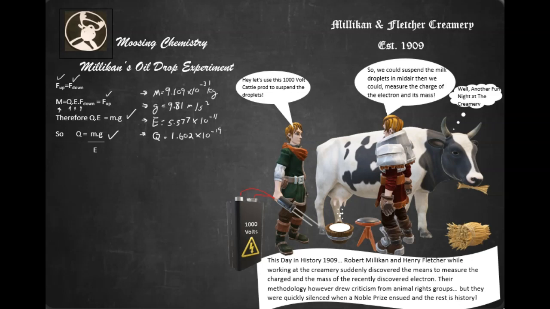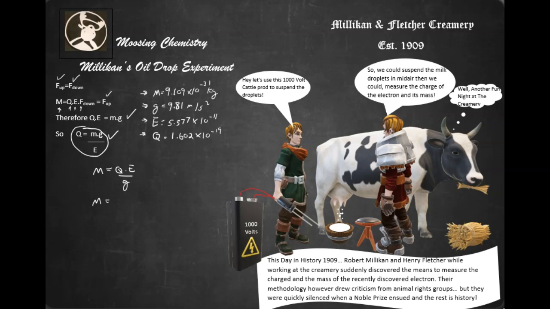Let's say, for example, let's find mass first. If we want to find the mass of an electron, let's see how good our reverse engineering does. So we're going to take this equation again right here, and we're going to isolate for M. So M now equals Q times E divided by G. Let's just say, for argument's sake, we didn't know the mass of an electron.